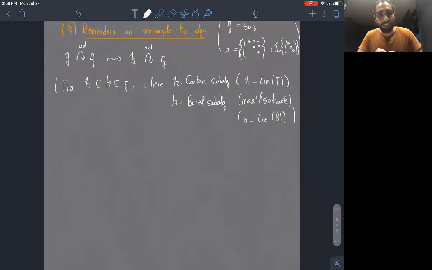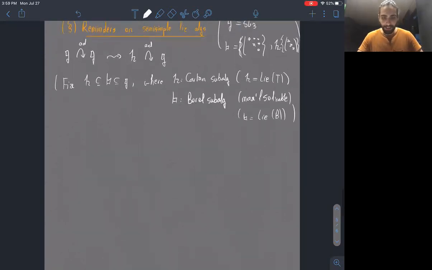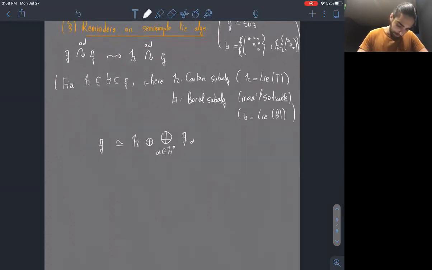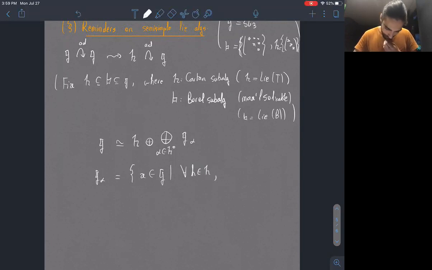And once we restrict our adjoint representation to H, the fact that H is abelian gives us a generalized eigenvalue decomposition that allows us to express G as a direct sum of H and some generalized eigenspaces, G sub alpha, where alpha takes values in the dual of H, the Cartan, and is given by the set of generalized eigenvectors under this action, meaning that these are all of the points X in G such that for any element H in H, H acts on X by alpha of H, so by scalar multiplication.